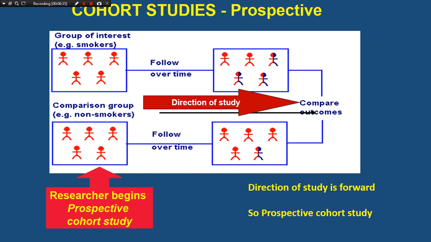And we have to follow both the groups for a period of time and see how many of the exposed group are developing the disease, how many of the non-exposed group are developing the disease. Direction of study is forward. So it is a prospective cohort study. We are comparing the outcome in both groups over time.